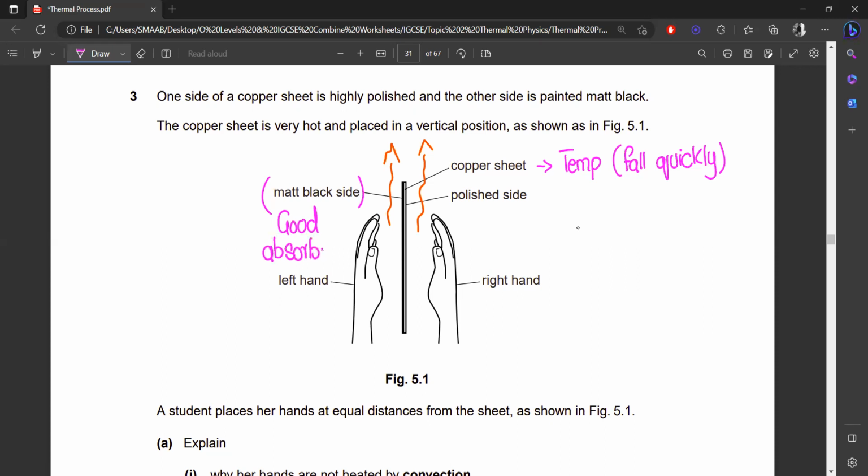So the heat absorbed by the matte black side will stay for long time as compared to the copper. So if the temperature of the copper starts falling, heat will be conducted from the left hand side, that is from the matte black side. So that's why the temperature of the copper will not cool down because of the conduction process through the matte black side. Okay.